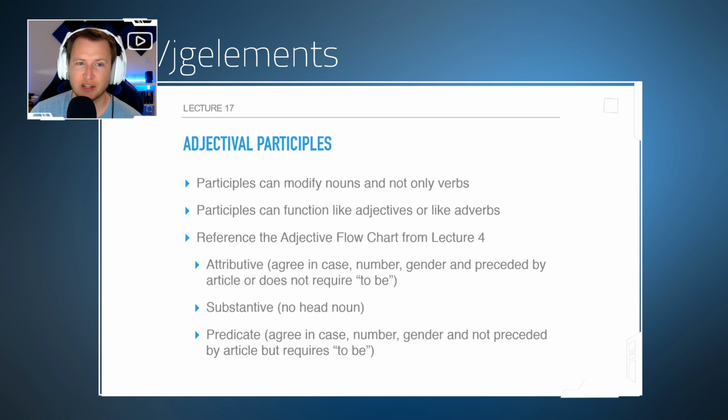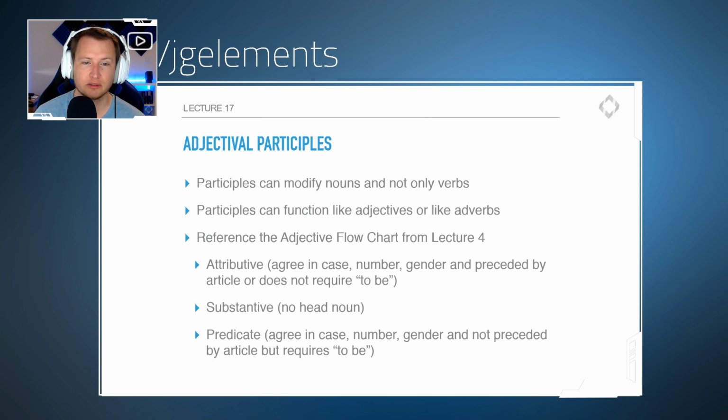Now let's talk about adjectival participles. Everything until now has been adverbial, with the assumption that the participle is attaching to the main verb. But you can have participles that attach to nouns, and therefore they're adjectival. Remember, participles can modify nouns, not just verbs.